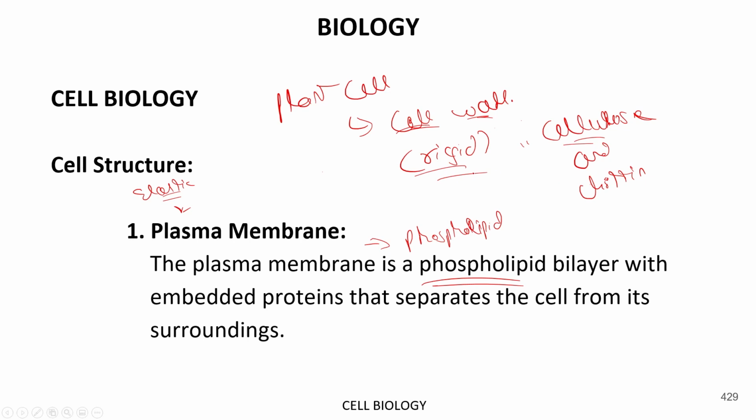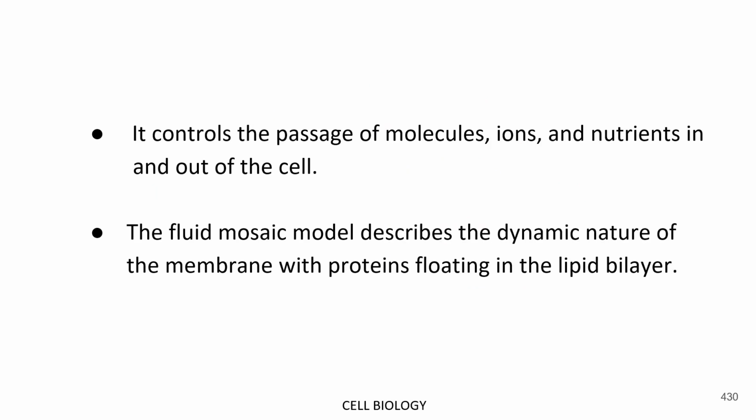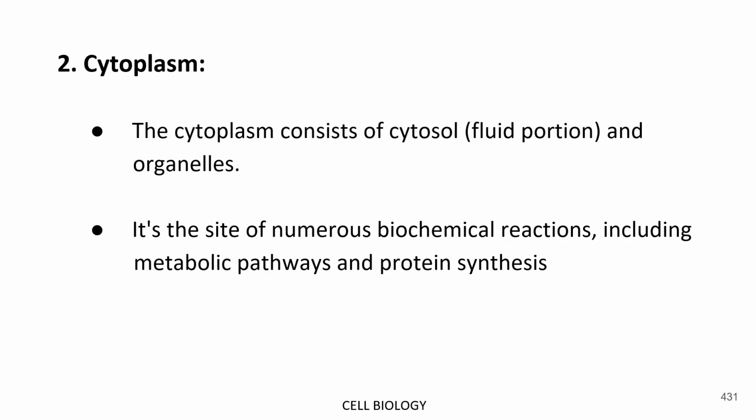Got it? So here we have finished the plasma membrane. Now come to the next point, which states the same thing I have told you, that it controls the passage of molecules, meaning whatever exchange happens from the cell to the surroundings will be done through the plasma membrane or through the cell wall. Got it? Now, the next point is the cytoplasm. Okay.